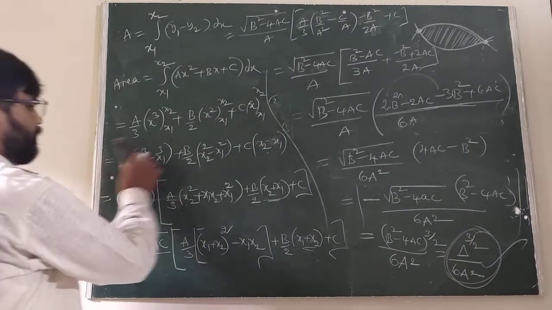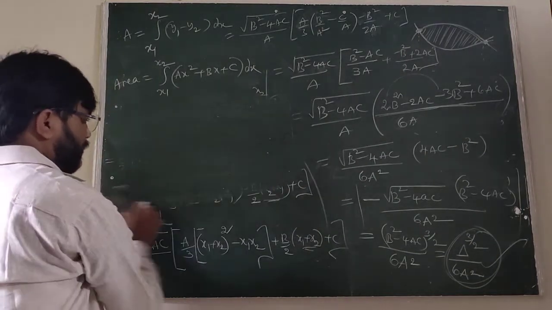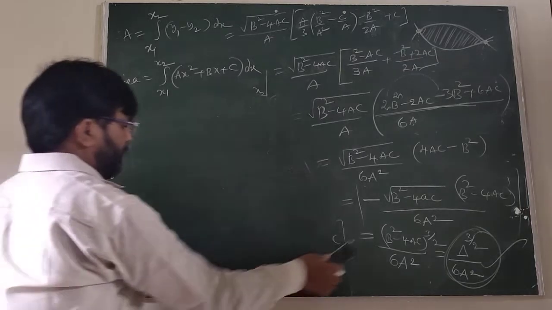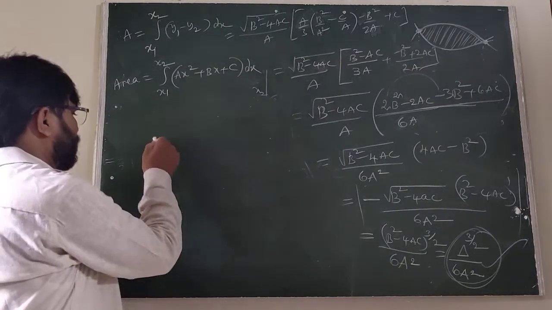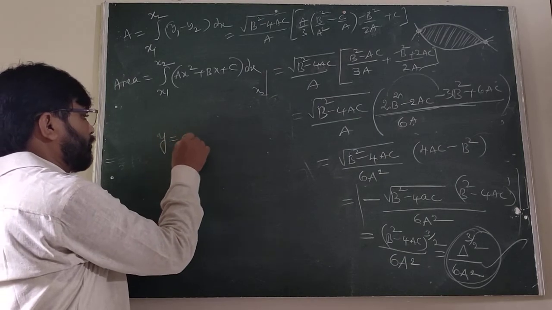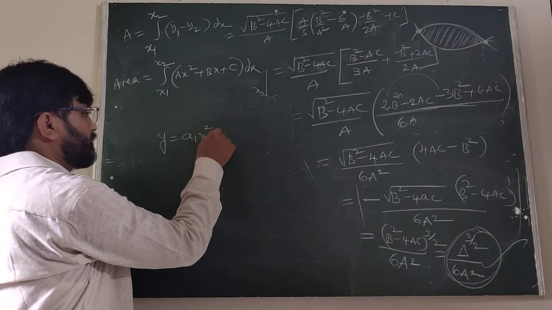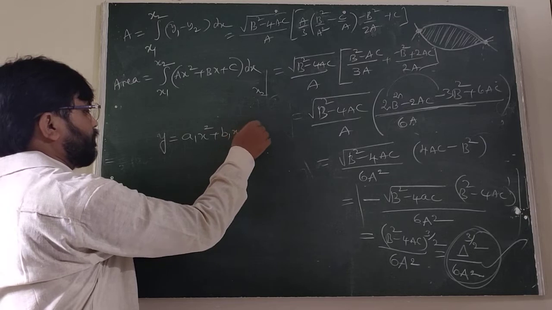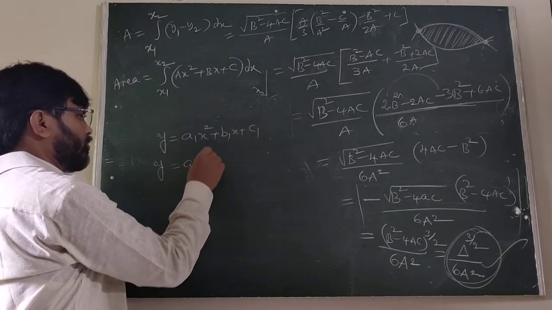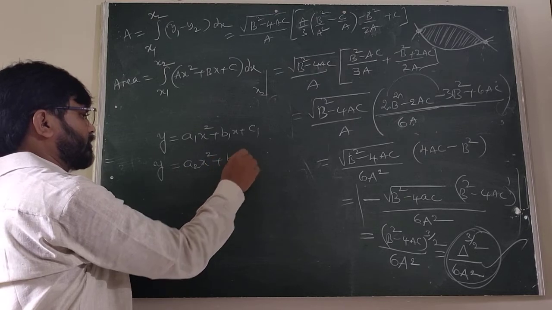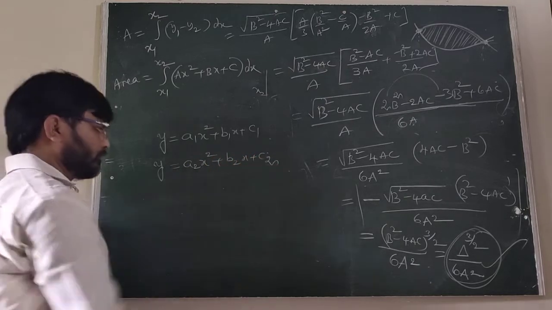Dear students, here we can observe the area of the two curves. Those are the quadratic expressions. One curve is given as y equal to a1x square plus b1x plus c1. Another curve is y equal to a2x square plus b2x plus c2.